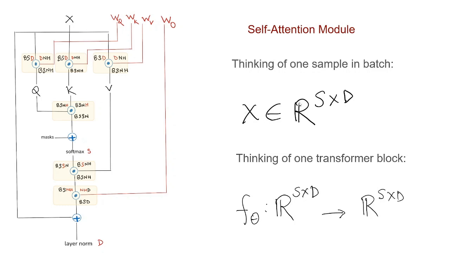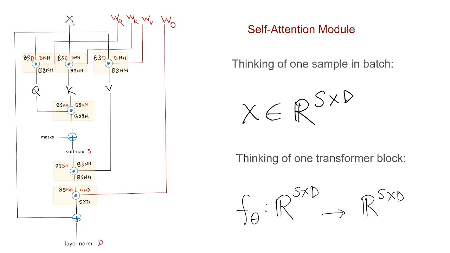So X is S, the sequence length, and each token in the sequence has an embedding of dimension D. So in effect here B is 1 and we have only S and D. A transformer block can be thought of as taking in an input of some shape, in this case S by D, and it emits a tensor of the same shape S by D. So the shape of the tensors is always preserved in the transformer blocks, and that's why we can just stack them one on top of the other.